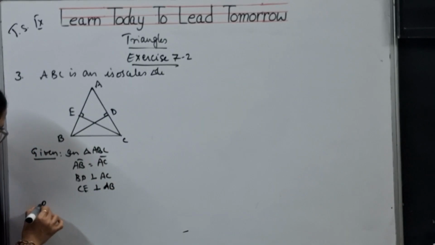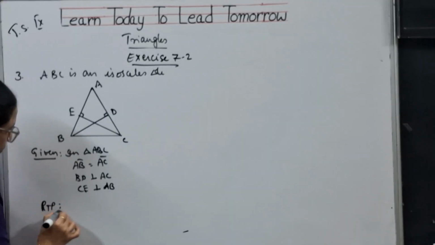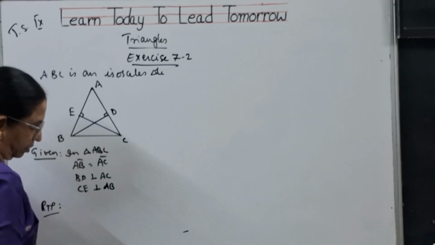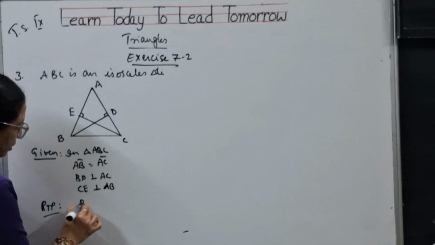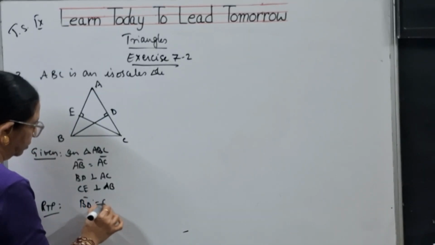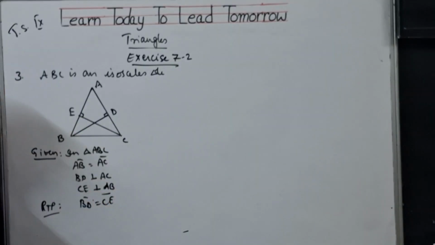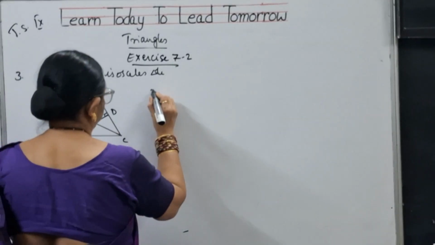Now, what is it that you need to prove? You have to prove that the altitudes are equal, that is, BD is equal to CE. Now, let us see the proof.